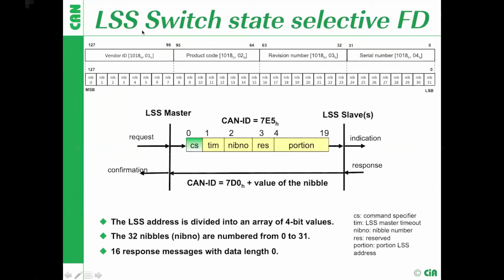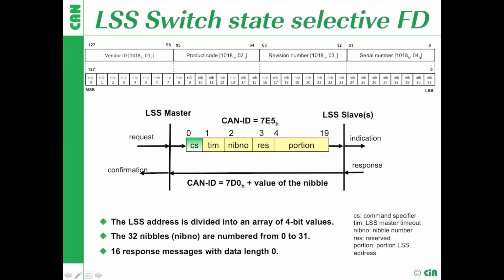The new service for CANopen FD is the LSS switch state selective FD. This service is updated from the switch state selective and fast scan from CANopen. It will also be defined in CiA 1305, layer setting services for CANopen FD.